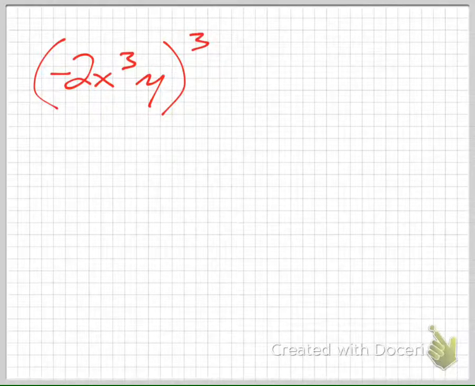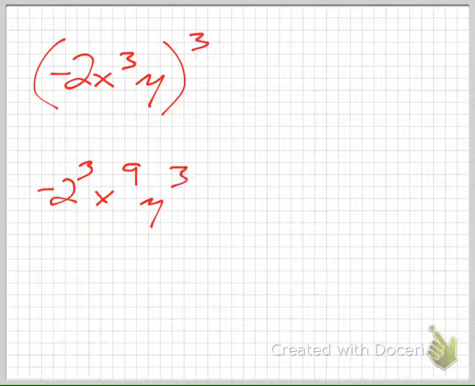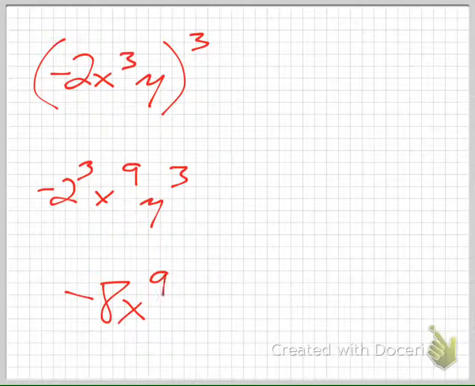In this situation, you could rewrite this like this. You could go -2 to the 3rd, x to the 9th, y to the 3rd. I want you to see what I did there. Right? Now, when you write -2 to the 3rd, that is -8, right? So you get -8, x to the 9th, y to the 3rd.